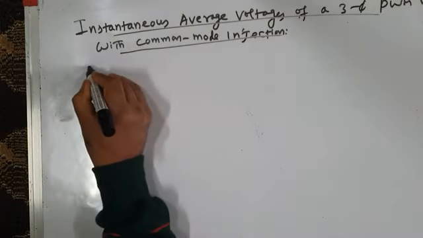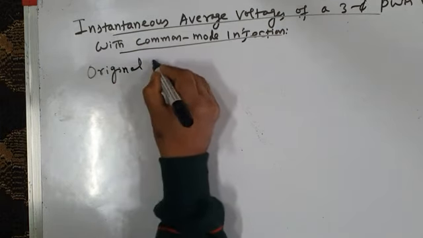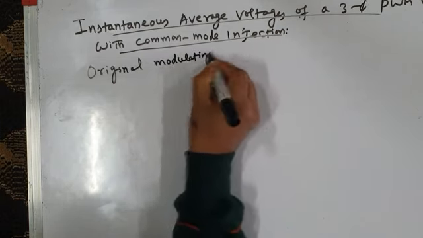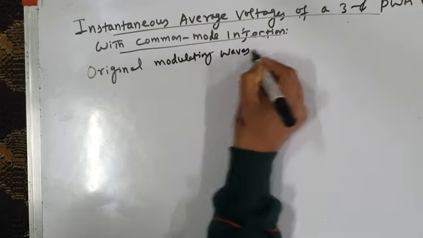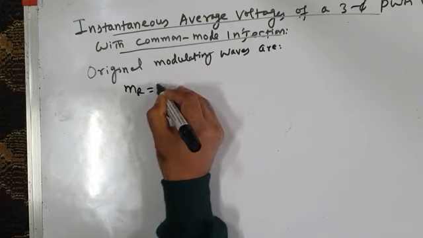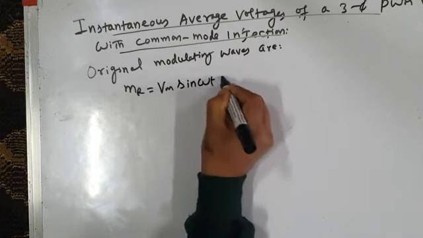again we will write the original modulating or target reference waves. Let me write them again: Mr is equal to Vm sine omega t.